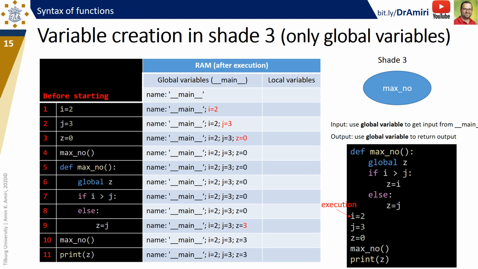Inside the body of the function, we have global z, which means that no new variables should be created. We use the z in the main body of the code, and i and j are also global variables, so no new variables are created by this Shade 3 of function maxNO.